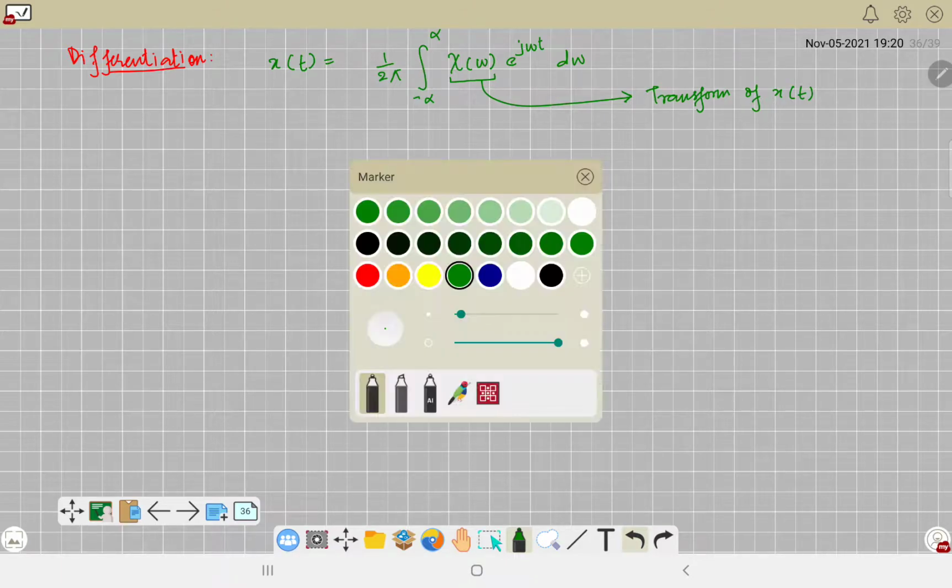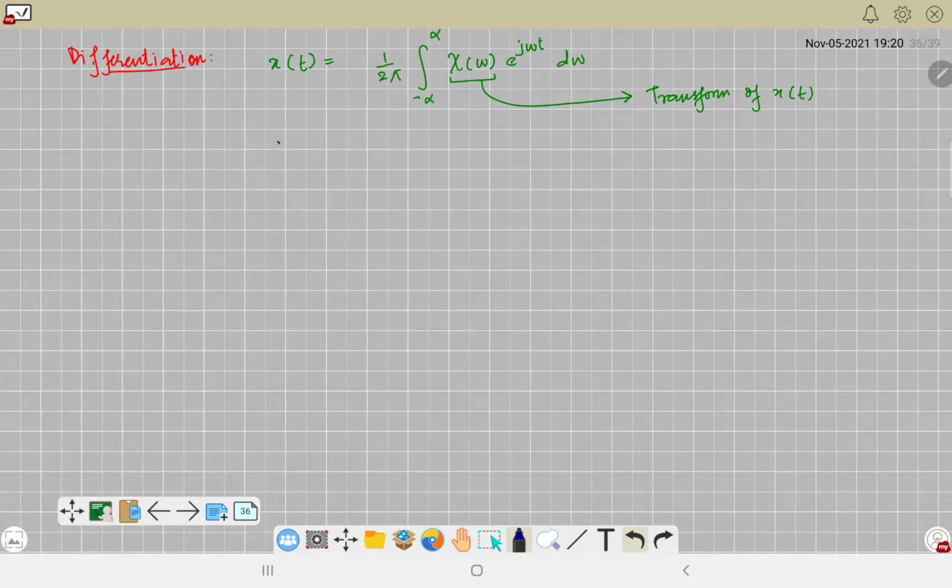Now what we'll do is we will differentiate this expression on both sides with respect to time. So we have d by dt of x of t is equivalent to d by dt of 1 upon 2 pi integral from minus infinity to plus infinity x of omega e raised power j omega t d omega.